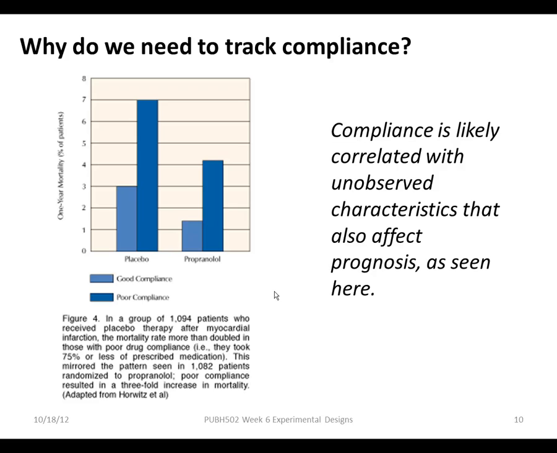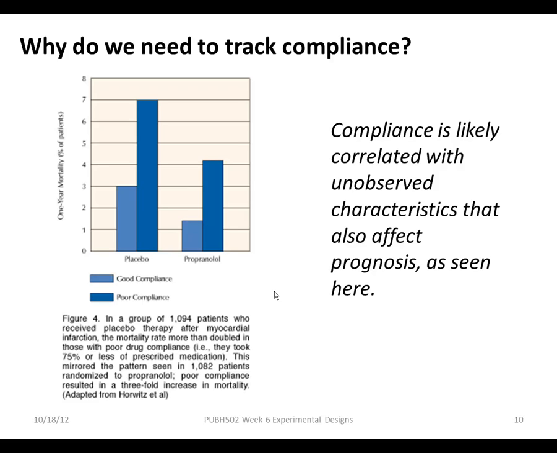Well, here's a trial that looked at placebo and propranolol drug for the impact on mortality. And they've divided within each of the treatment groups, with treatment and placebo, the good compliers and the poor compliers.